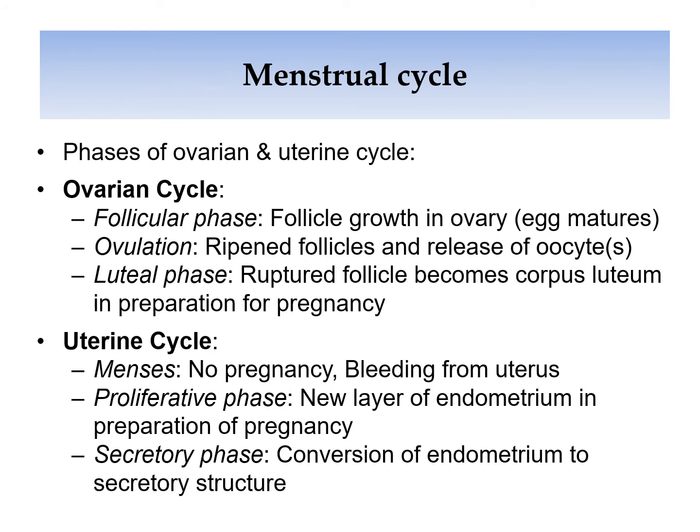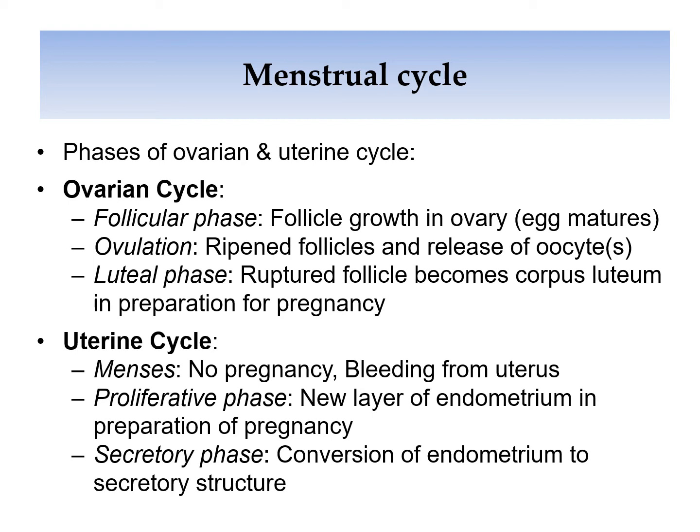So when we talk about the menstrual cycle, I want you to focus on two cycles, the ovarian cycle and the uterine cycle, which means this cycle happens in the ovaries as well as in the uterus itself. In the ovarian cycle, the first phase is the follicular phase, where the egg matures, where meiosis 1 begins to continue and essentially grow. So basically the egg grows, and that's what we call the follicular phase. To remember, the egg is in a follicle, so that's why it's the follicular phase.